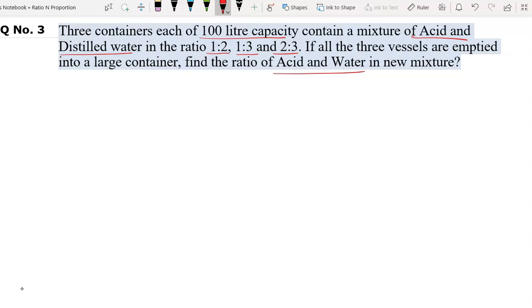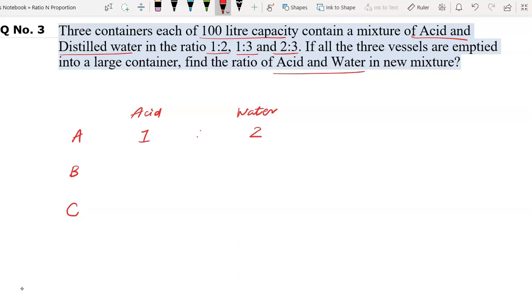So we have 3 containers. So let's say we have A, B and C. 3 containers, and in the first container the mixture of acid and distilled water is in the ratio 1:2. So we have acid and we have distilled water in the ratio 1:2.